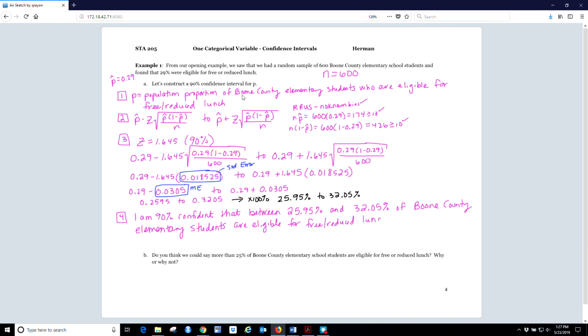So there's all 4 steps of a confidence interval worked out for our first problem.